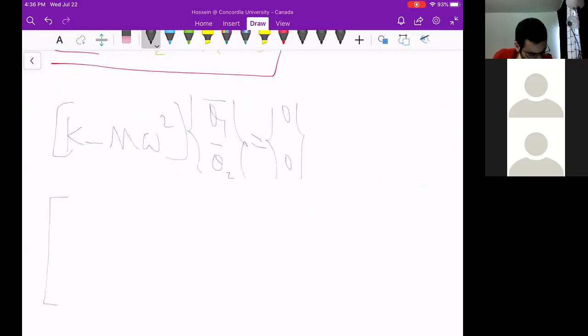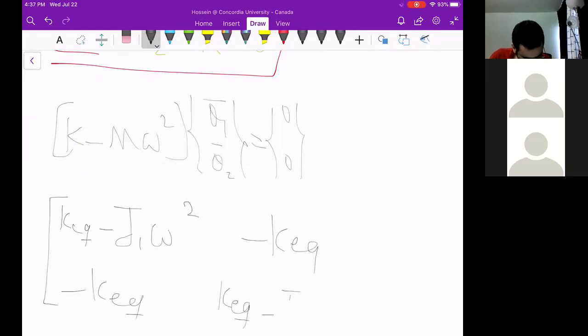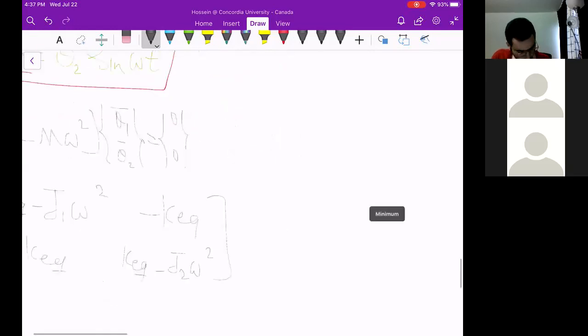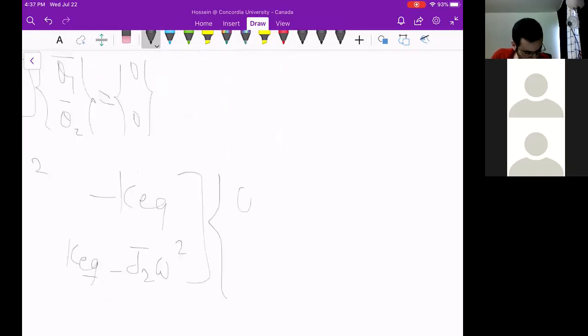Then K equivalent minus J1 omega squared, minus K equivalent, minus K equivalent, K equivalent minus J2 omega squared, multiplied by the amplitude of theta 1 and the amplitude of theta 2.